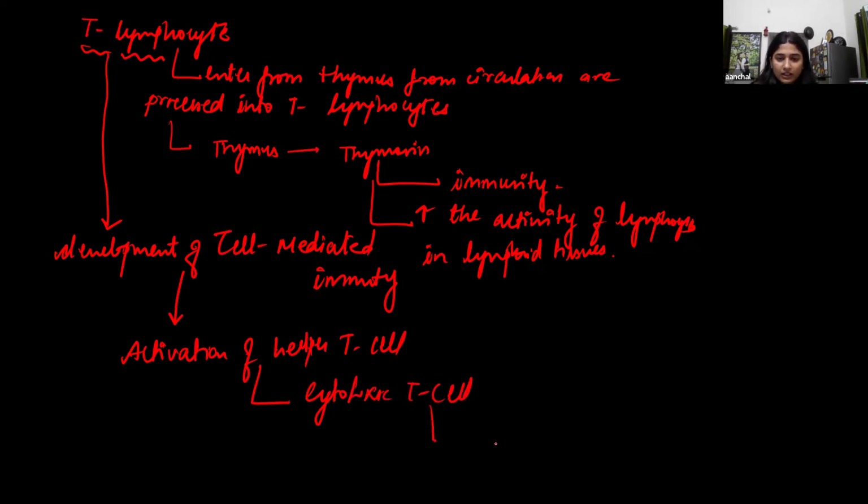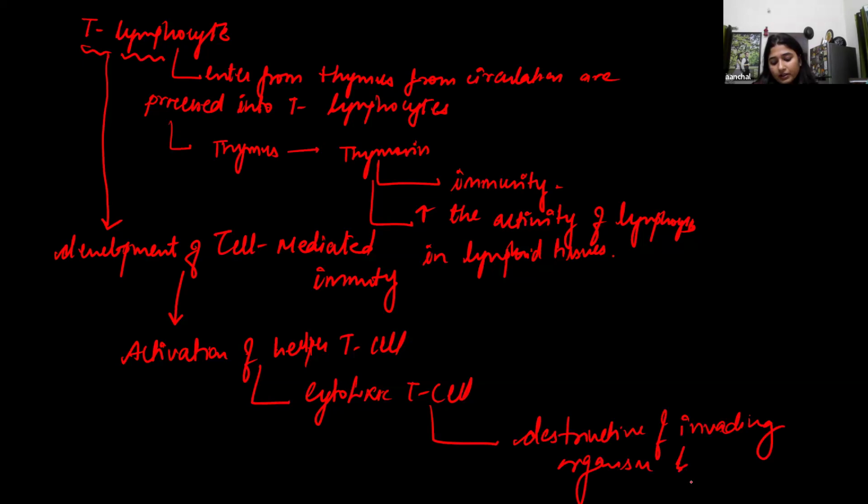And finally, they will lead to destruction of invading organisms by direct attack. So these are the main things about T lymphocytes. We're also going to learn about the main function and the classification of T lymphocytes in the further slides. Now coming to B lymphocytes.